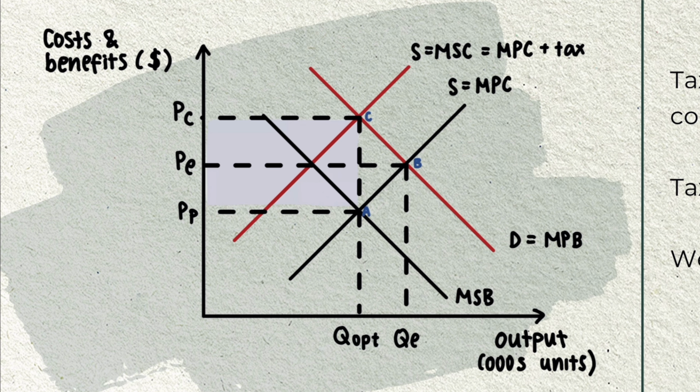The consumers will be taxed at the top rectangle from PC to PE multiplied by QOpt, and the producers will be taxed at PE minus PP multiplied by QOpt, and the total tax revenue is the purple box. And as you can see, the welfare loss is eliminated.